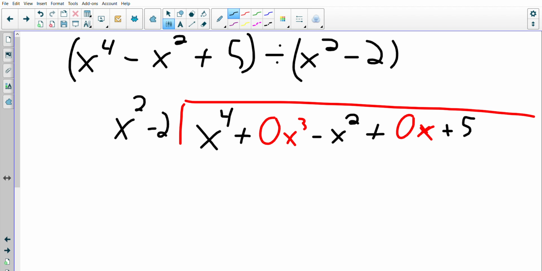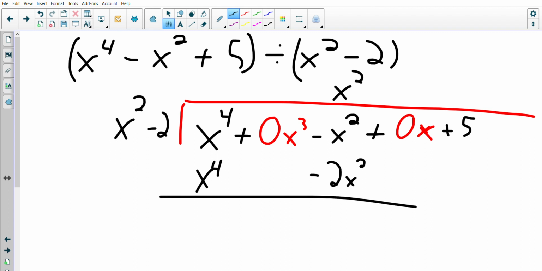What is x to the 4th divided by x squared? That's just x squared. Distribute, we get x to the 4th and then minus 2x squared. Subtract.